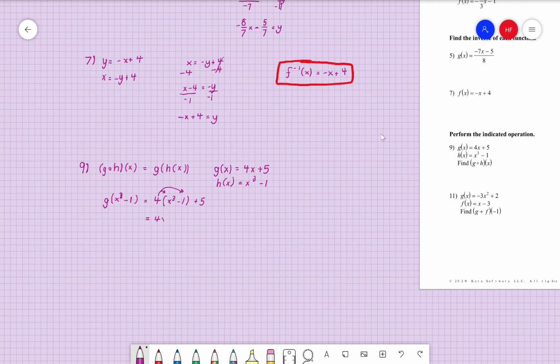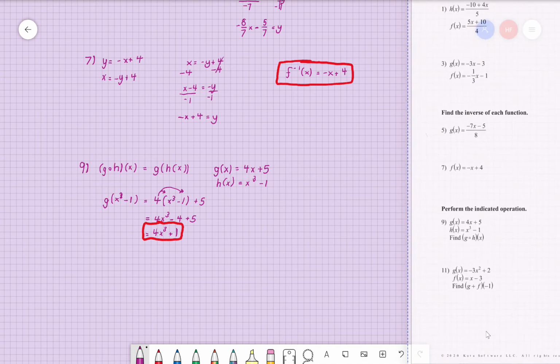We get 4x cubed. 4 times negative 1 is negative 4, and then we put that 5 on the end there. We get 4x cubed. Negative 4 plus 5 is plus 1. So for my composition of those two functions, I get 4x cubed plus 1.